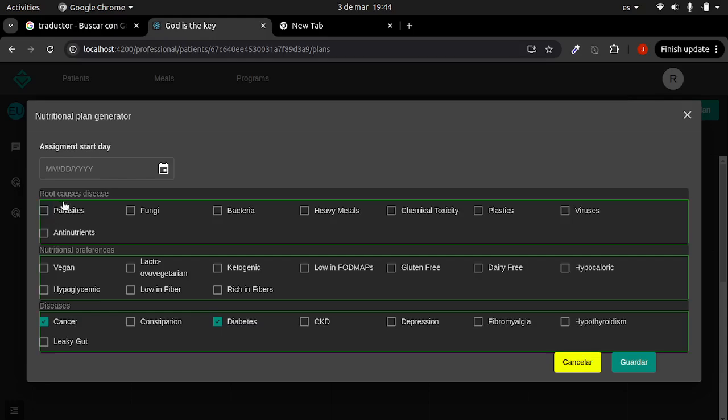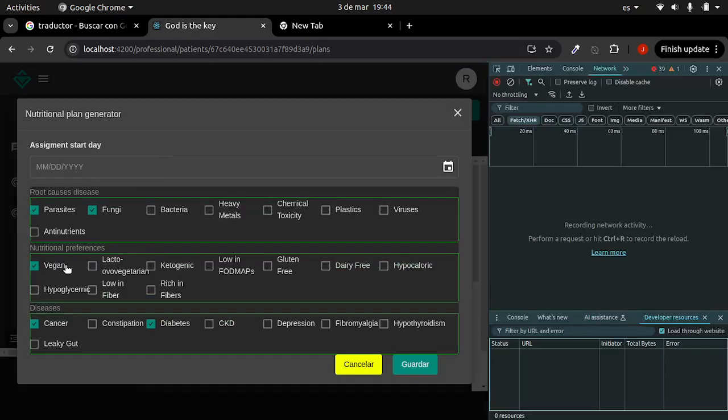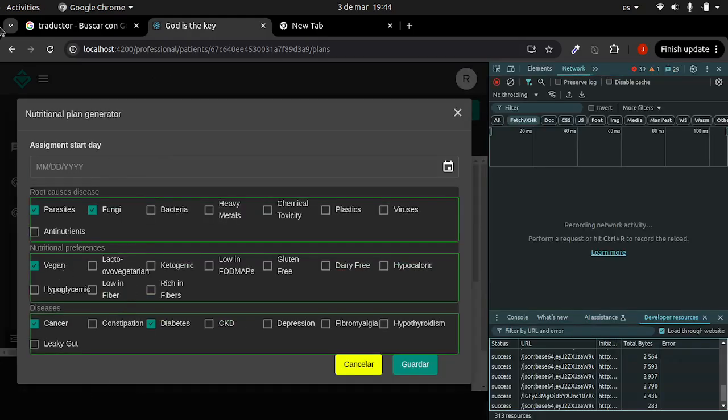The root cause of the disease is parasites and fungi, and to treat these diseases, we will choose a vegan diet. We will see what happens with it and what nutritional plan it offers.